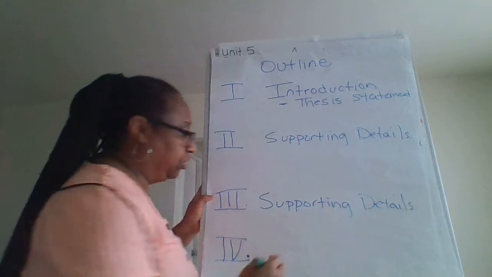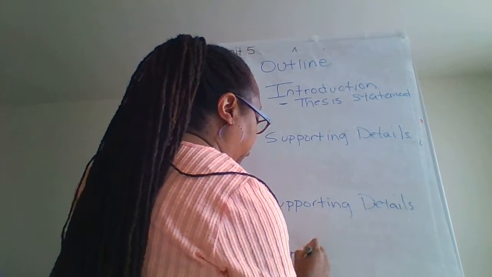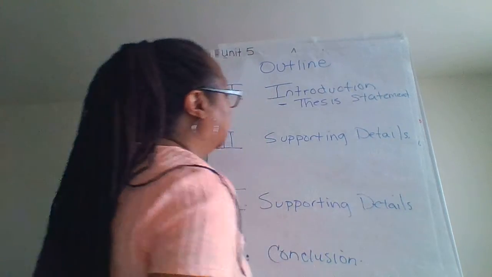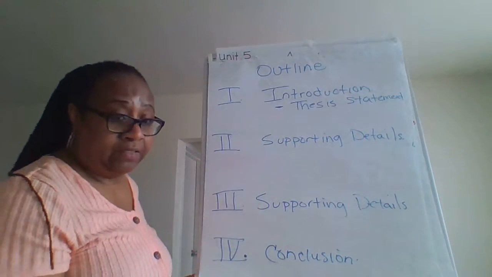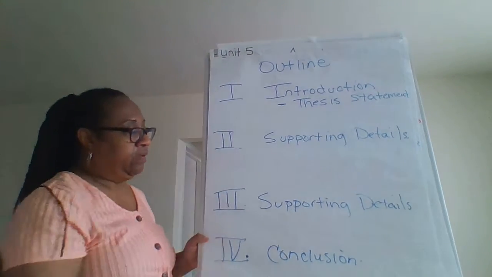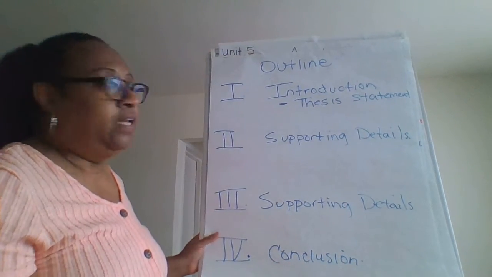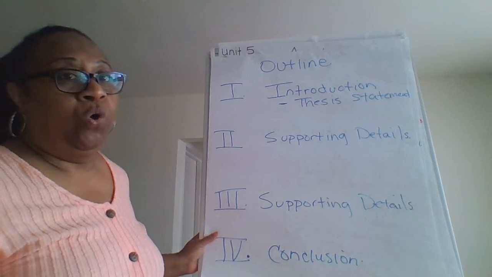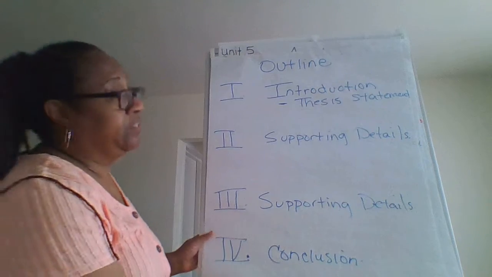Our conclusion. That is absolutely correct. Our conclusion. All right, so this is what our outline looks like. Now let's go ahead and fill this in. Let me model for you what this looks like.